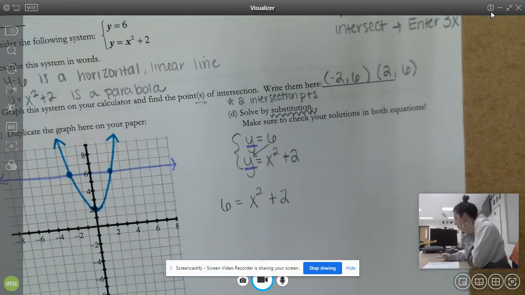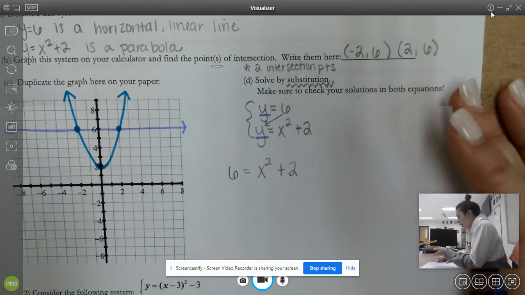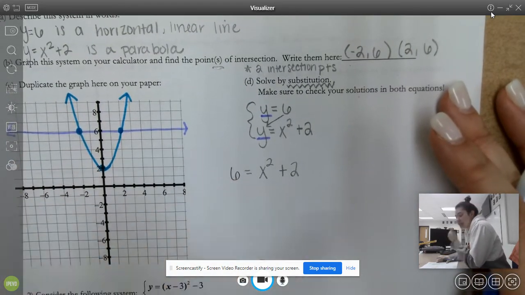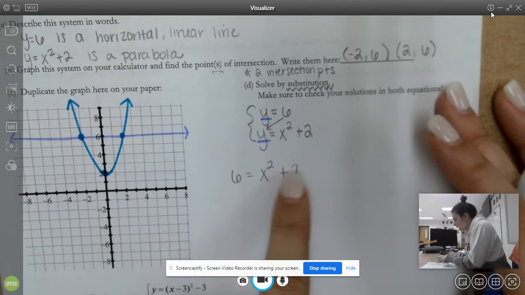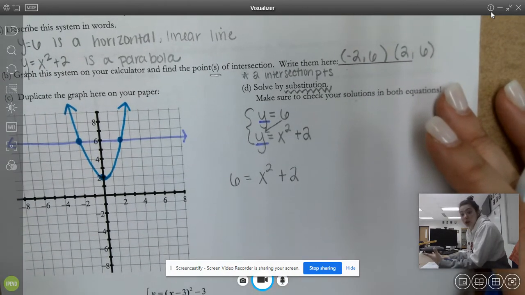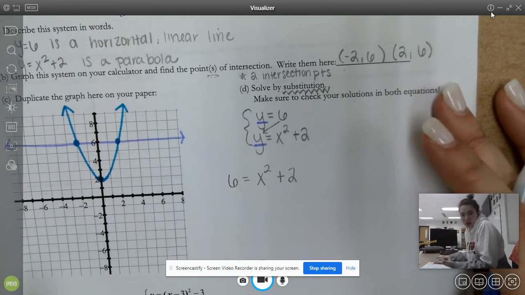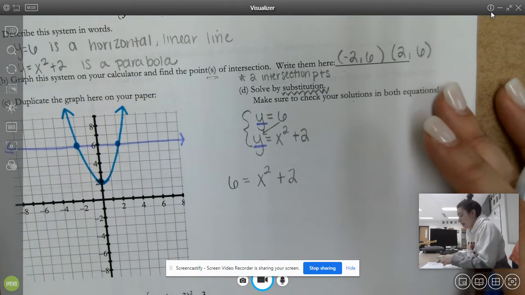Now, this turns into solving an equation. We can solve it by factoring. We could move the 6 over to this side and set it equal to 0. But the first thing that we notice is that there's no b term. Typically, when there's no b term, solving by the square root method is probably going to be our simplest way of going about things.